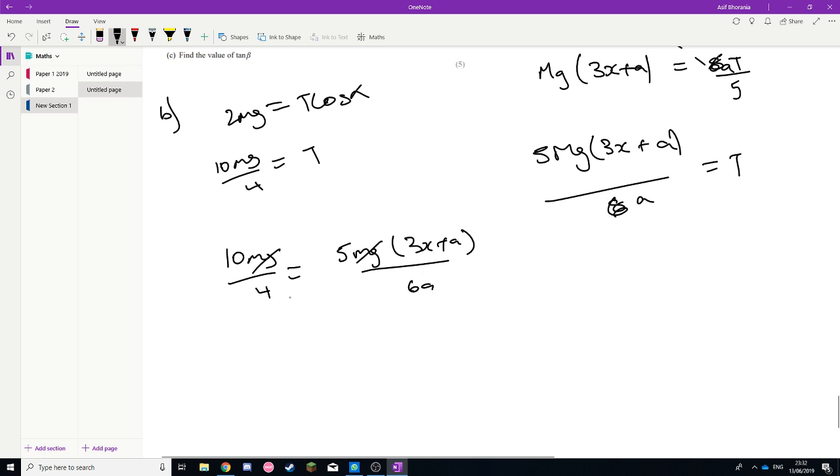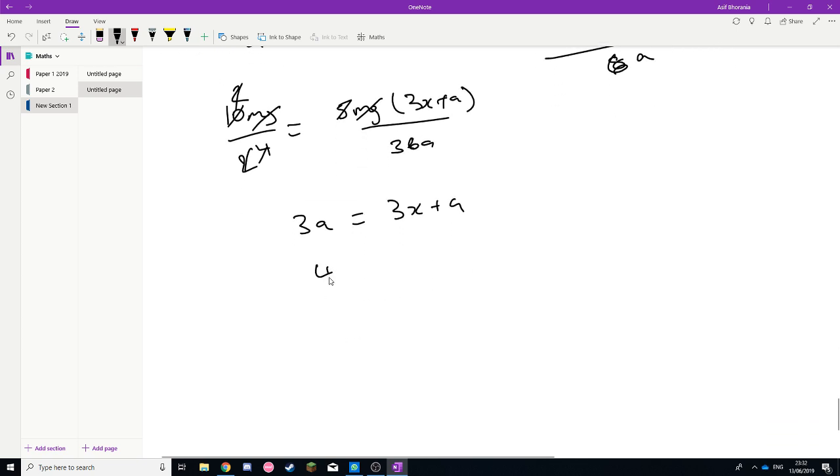The mg's go, this goes. So 3a is equal to 3x plus a. So you have 2a over 3 is equal to x, I think.